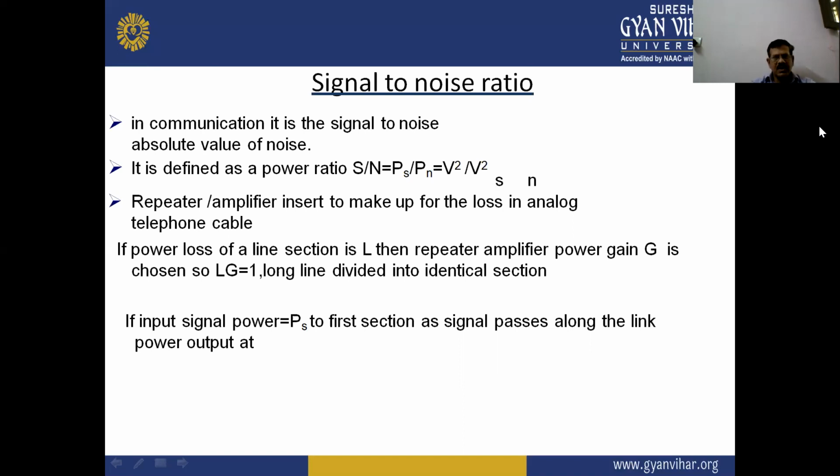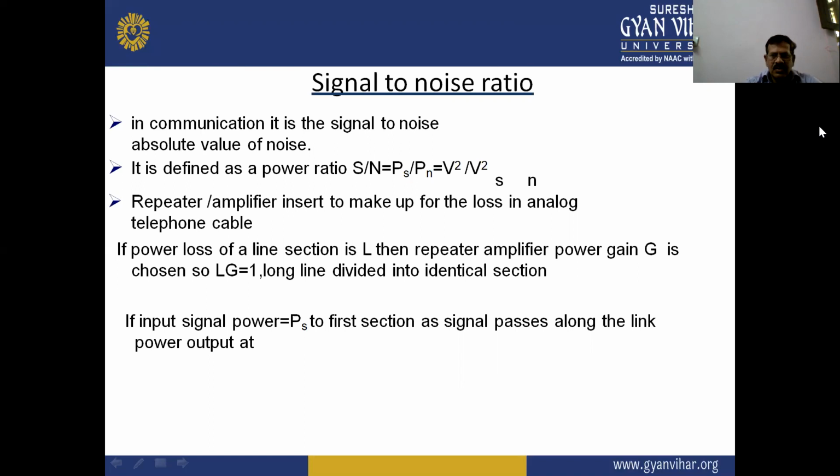Repeater amplifiers are inserted to make up for the loss in analog telephone cables. If the power loss of a line section is L, then a repeater power gain G is chosen so that LG equal to 1.